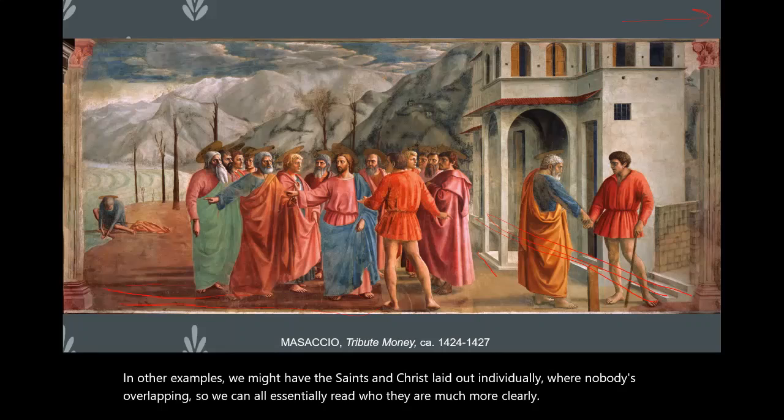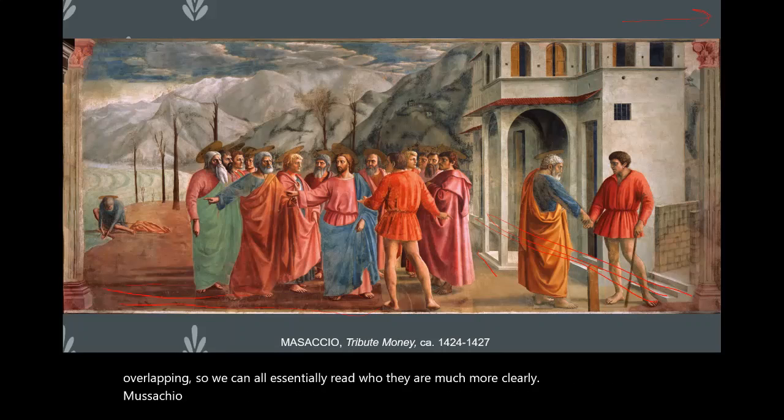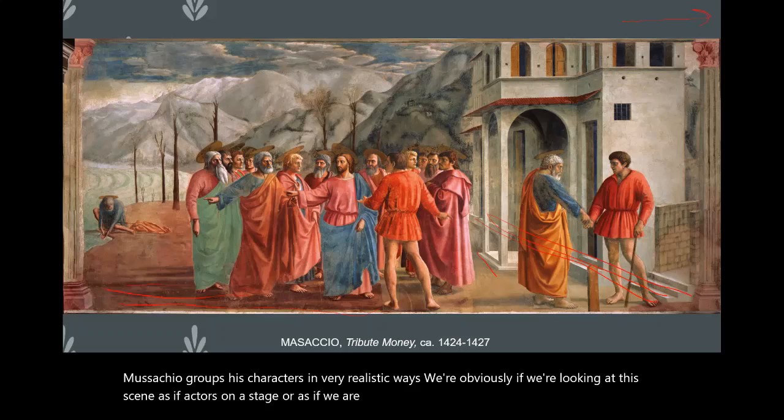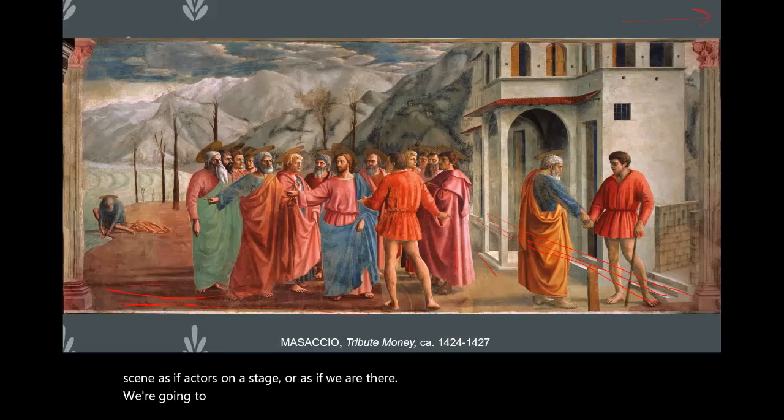Masaccio groups his characters in very realistic ways, where obviously, if we're looking at this scene as if actors on a stage or as if we are there, we're going to see people with their backs turned to us. We're going to see people whose faces are just barely visible behind or between their compatriots.